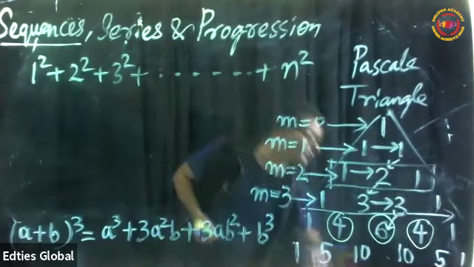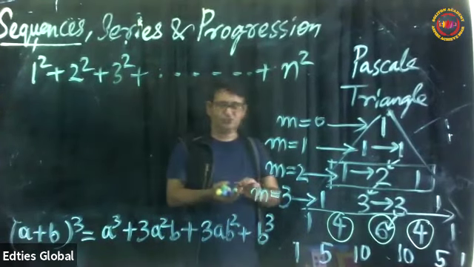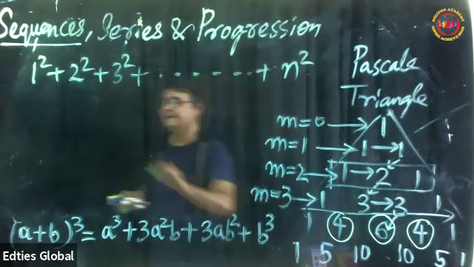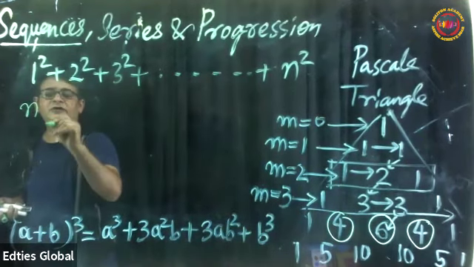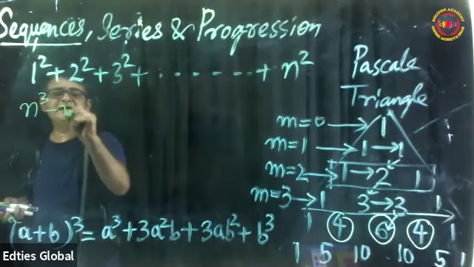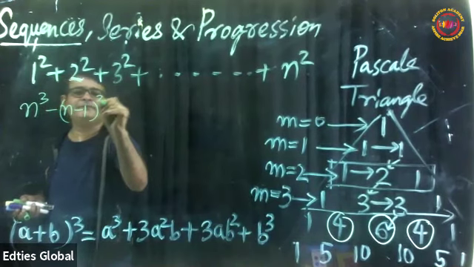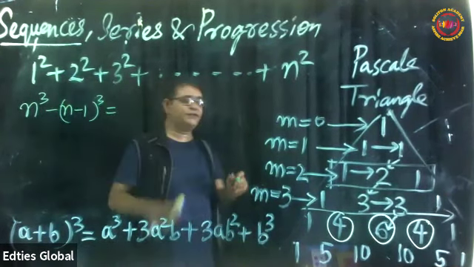But right now, our problem is to solve this thing. I take a number n, and I do n cube minus n minus 1 cube. Can you write the expansion of this?